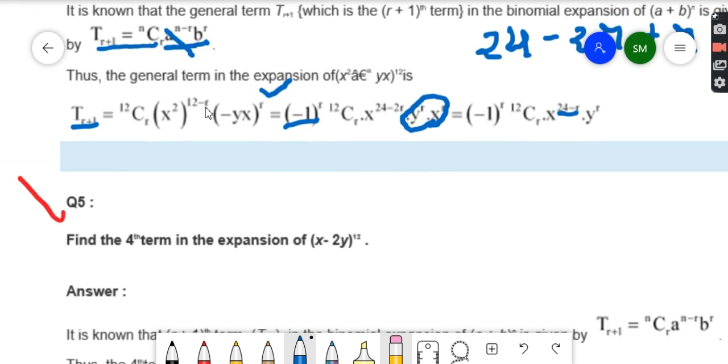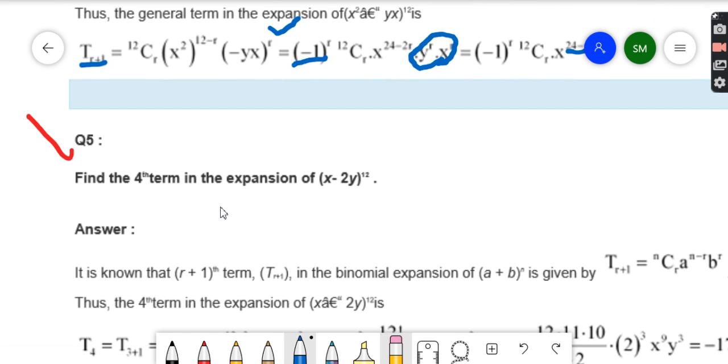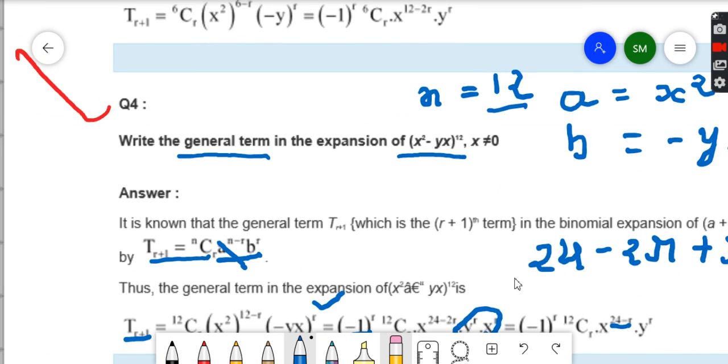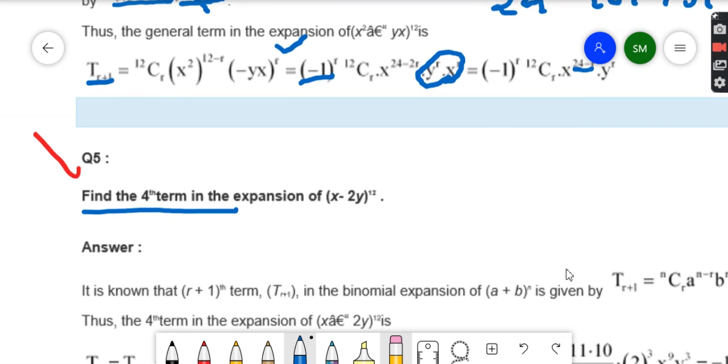Alright, similarly, find out the fourth term. Similarly, you can calculate question number 3. Alright, find the fourth term in the expansion of x minus 2y raised to 12. So first, once again, n is equal to 12.